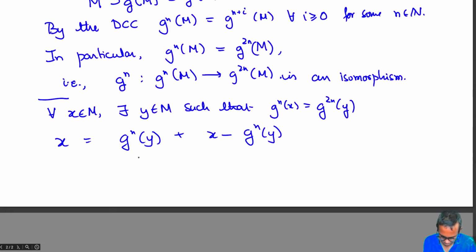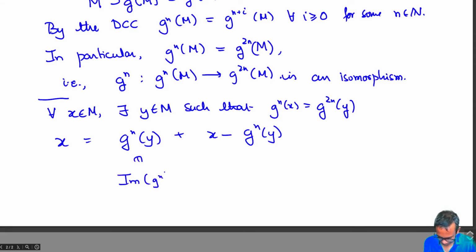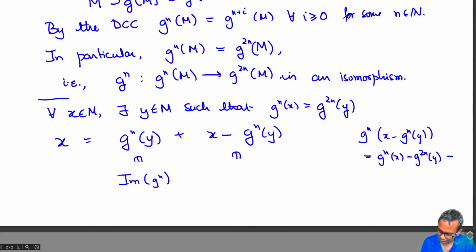This belongs to the image of g^n, and this, well, if I apply g^n to this, so I take g^n x minus g^n y, then I'll get g^n x minus g^(2n) y, which is 0 because g^(2n) y is equal to g^n x. So this belongs to the kernel of g^n.